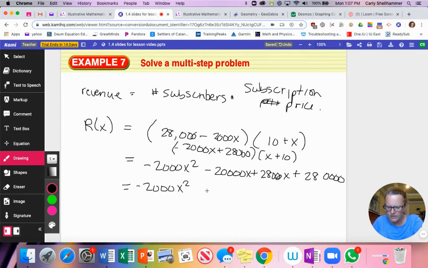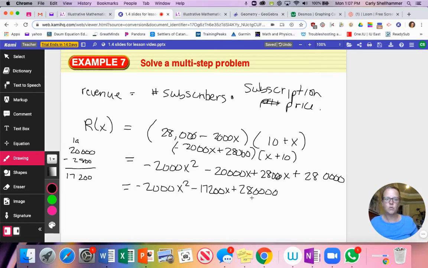That middle is going to be 28,000 minus 20,000, let's see, 8,000. Those are way too big.